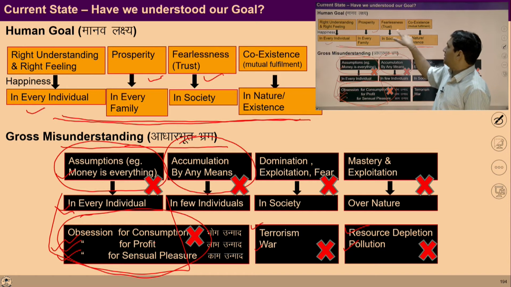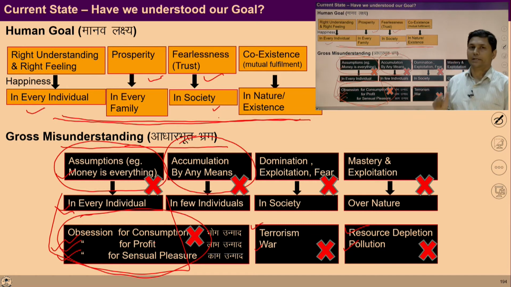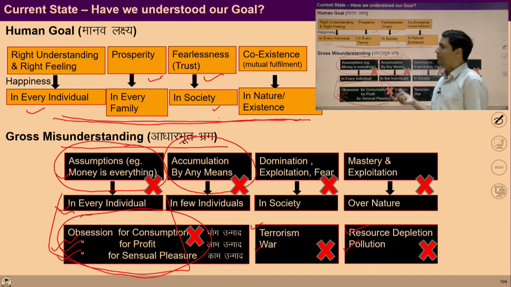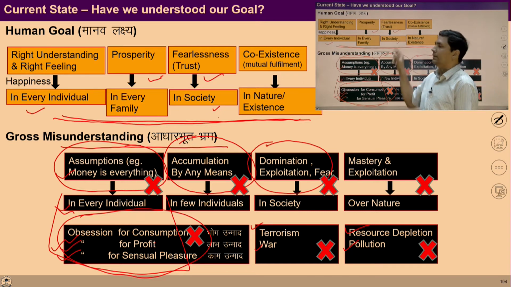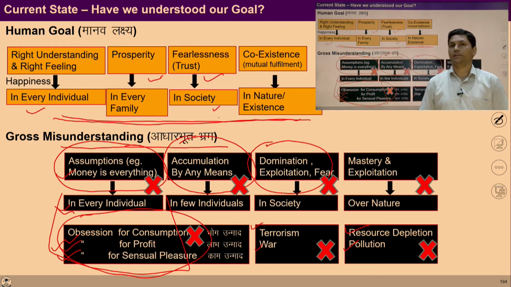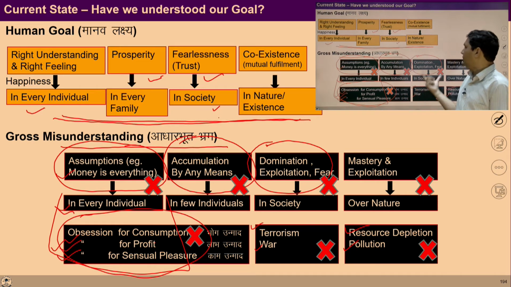Similarly, fearlessness in society. If we ensure this goal, then there will be no domination, exploitation in the society. Domination and exploitation happen because there is a lack of trust in the society. By fulfilling this feeling of trust, we can get rid of these problems.